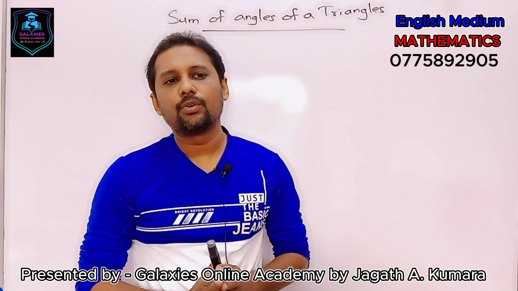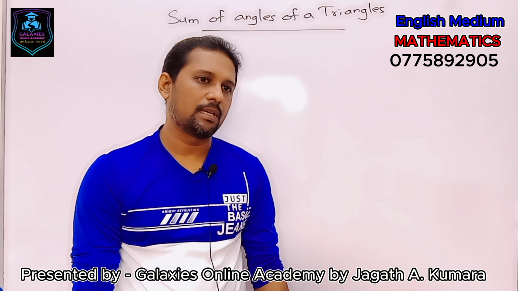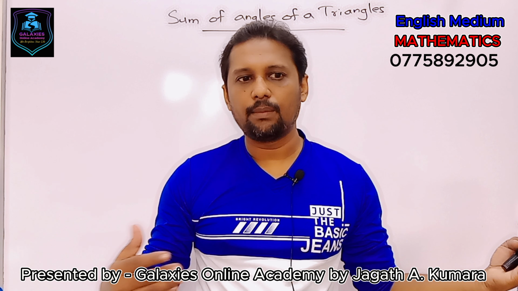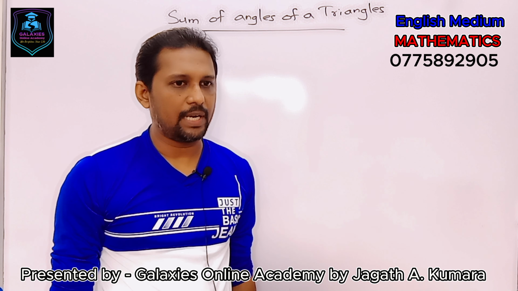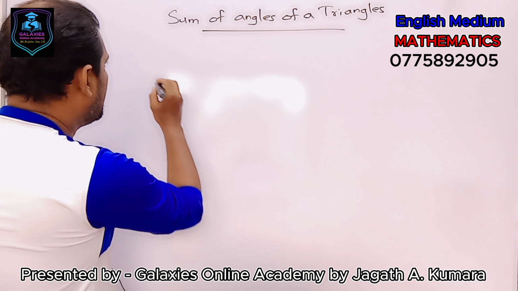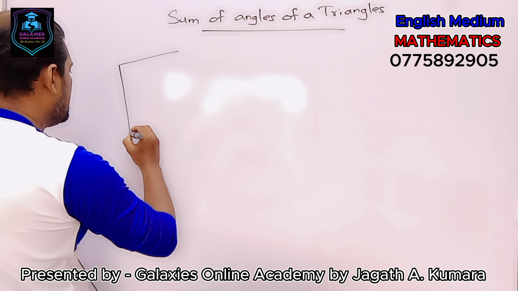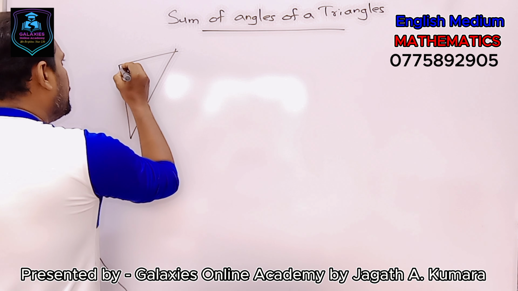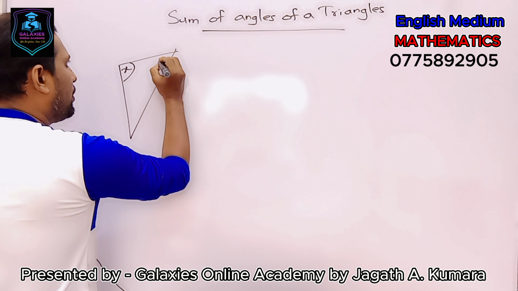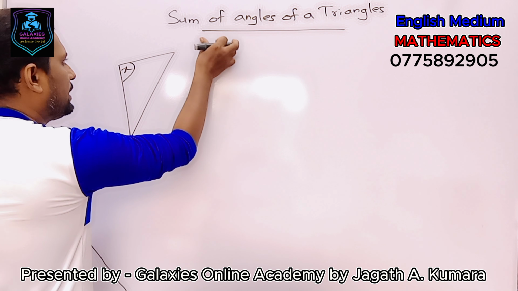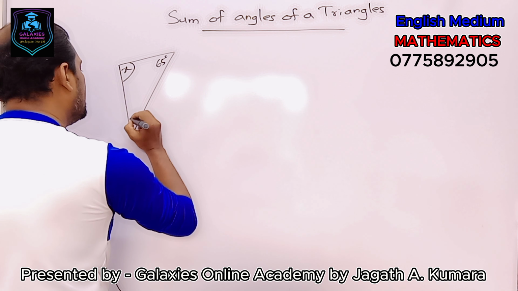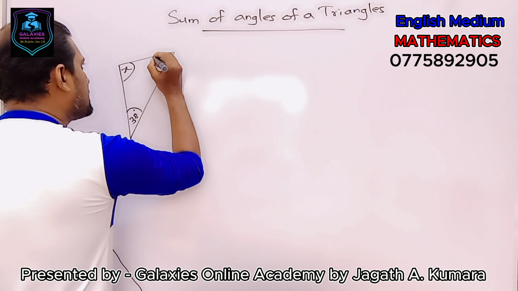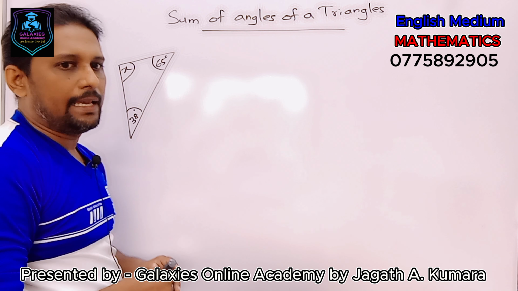Right, now let's do some questions related to the sum of interior angles being 180 degrees in a triangle. Think of the question given like this triangle, you have to find the magnitude of x. This angle is given as 65 degrees, this one 38 degrees, and this angle is x.